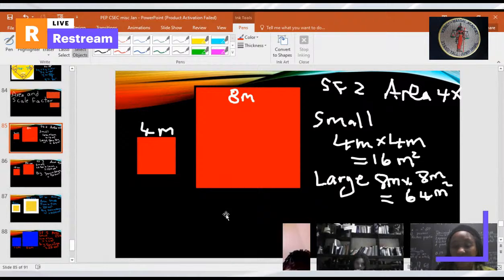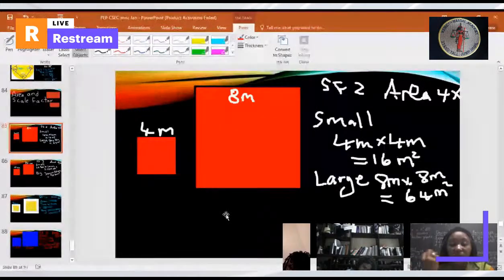But that's not what we're finding. We just did an experiment with 4 different squares, and we found that depending on the scale factor, the area is found by squaring the scale factor.